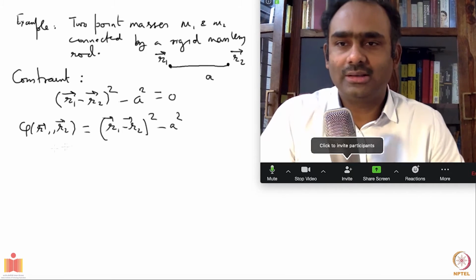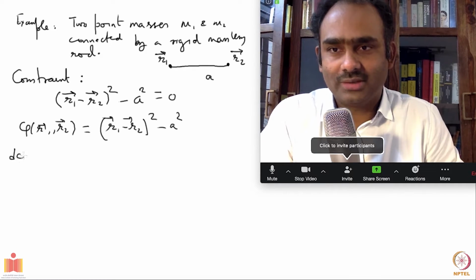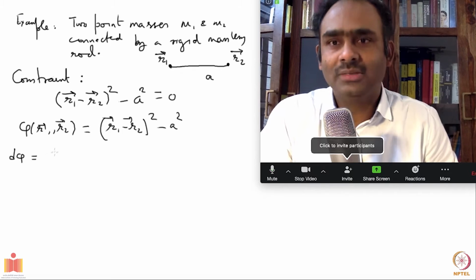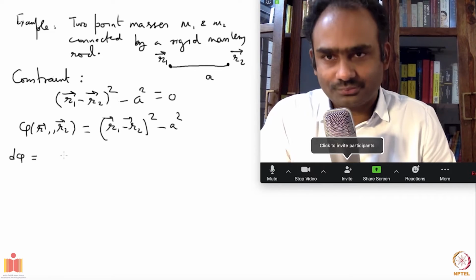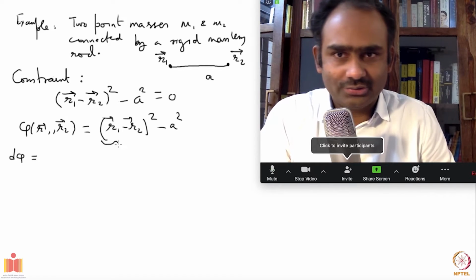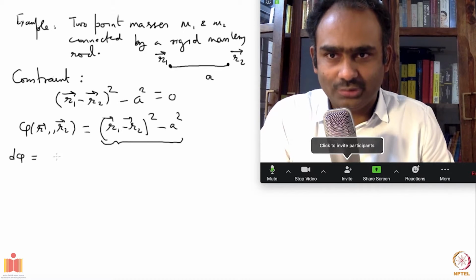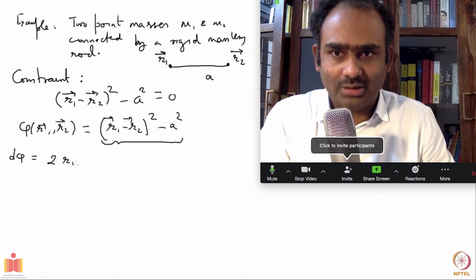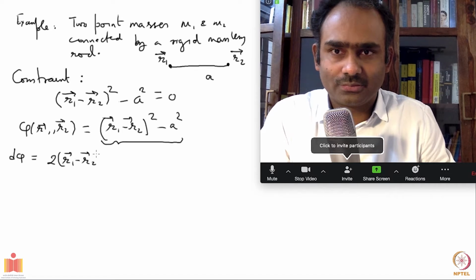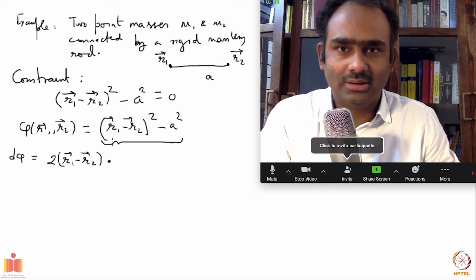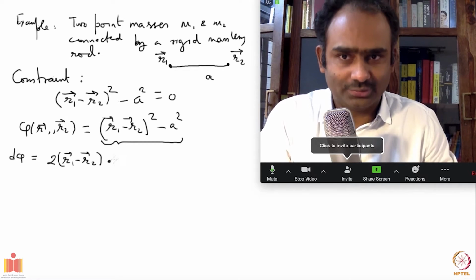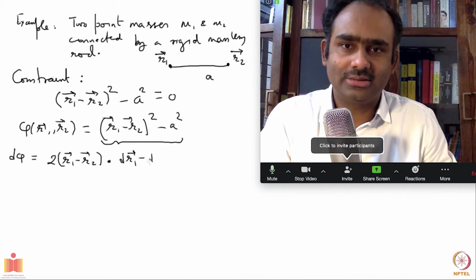Now let's look at the differential of phi as we used to do earlier. So d phi would be d of this quantity, which will give you immediately 2 (R1 minus R2) dot d(R1 minus R2), which gives you dR1 minus dR2.